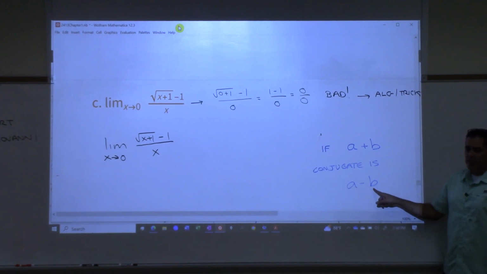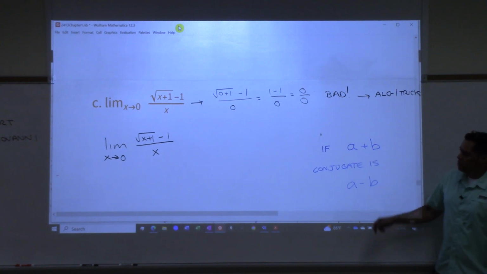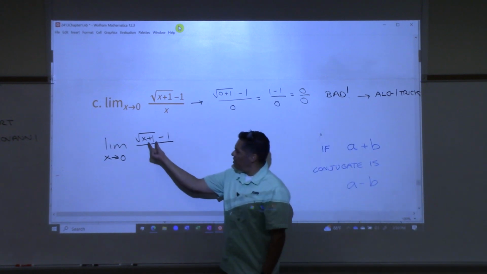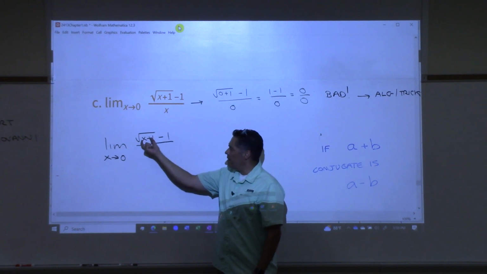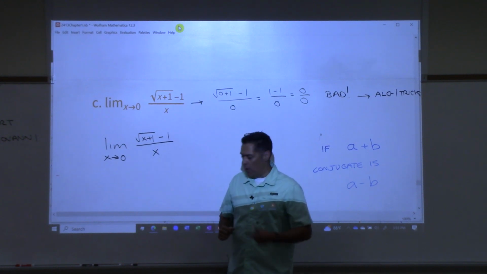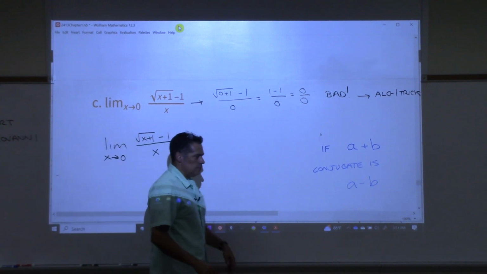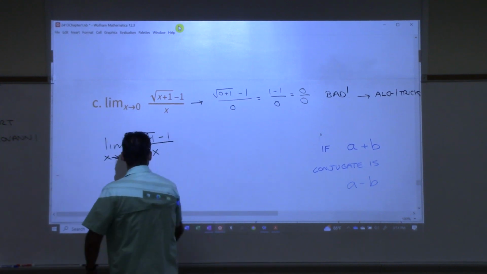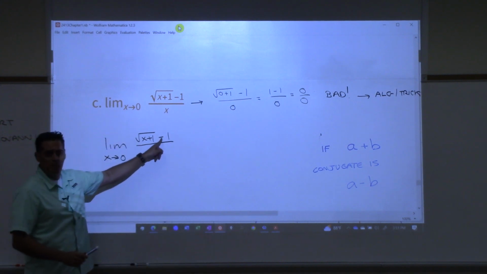If you have two things being subtracted, the conjugate is just those two things being added. So right now, in the numerator, do you see that you have the square root of something minus something? So we have like an a minus b. What would the conjugate be? Square root of x? I want another color. I'll go with the blue. Yeah, we just changed that to a plus, wouldn't we?